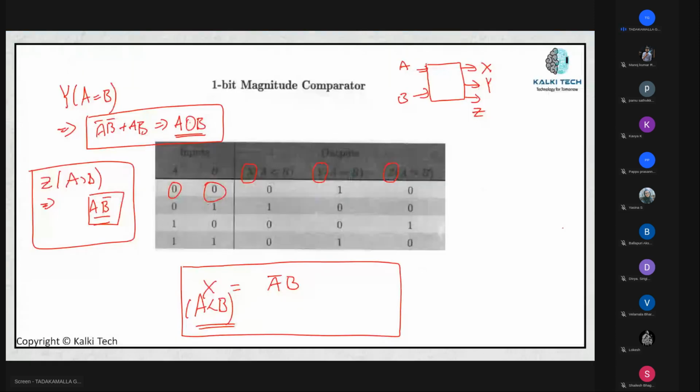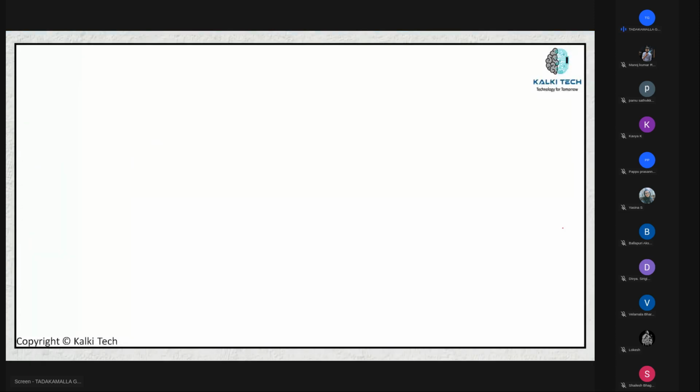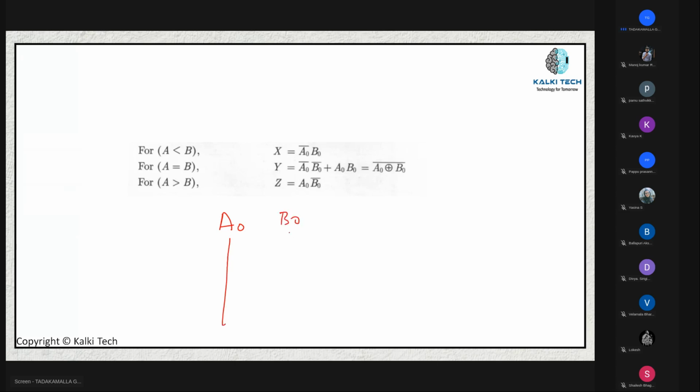Next, this was about your one bit magnitude comparator, and these are the equations which you have, and how to draw the logic diagram. So from this we can simply draw A naught and B naught. A naught is given to a bubble, and A naught bar B naught.